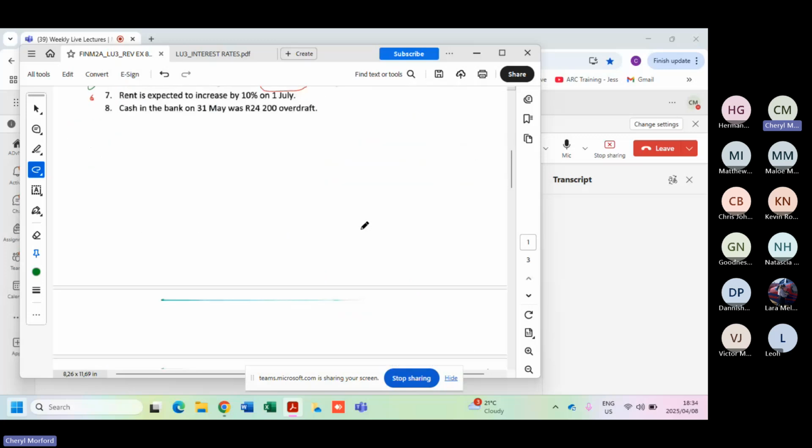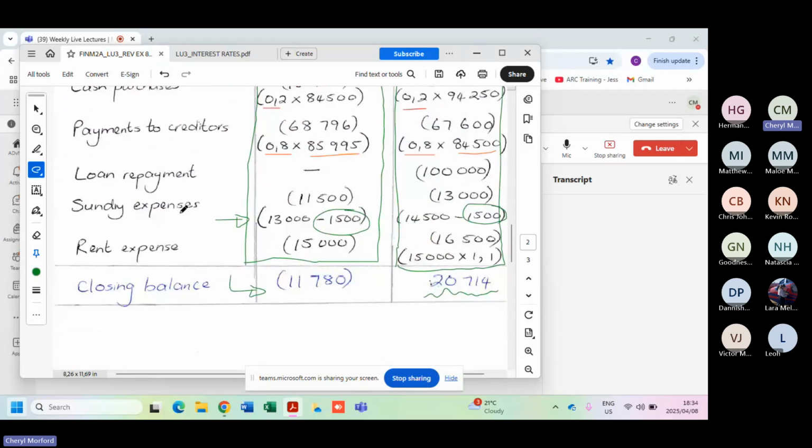So let's fast forward here. Just maybe do a bit of an NB on this one. No adjustment in June. But what am I doing here? Timesing by 1,1. That's finding 10% and adding it on. So the rent has gone up to 16,500.